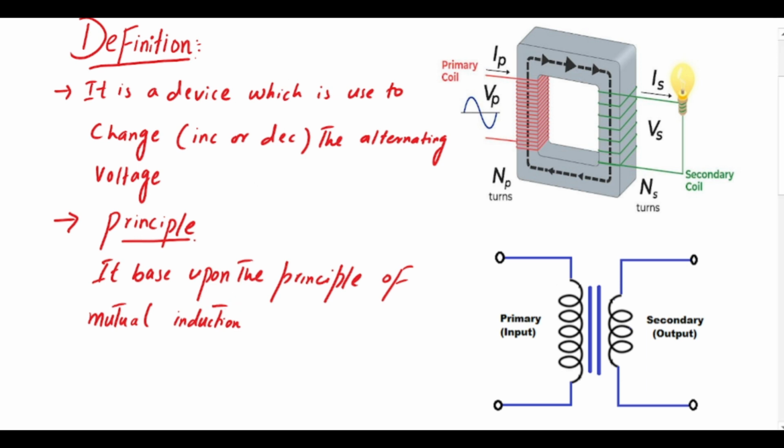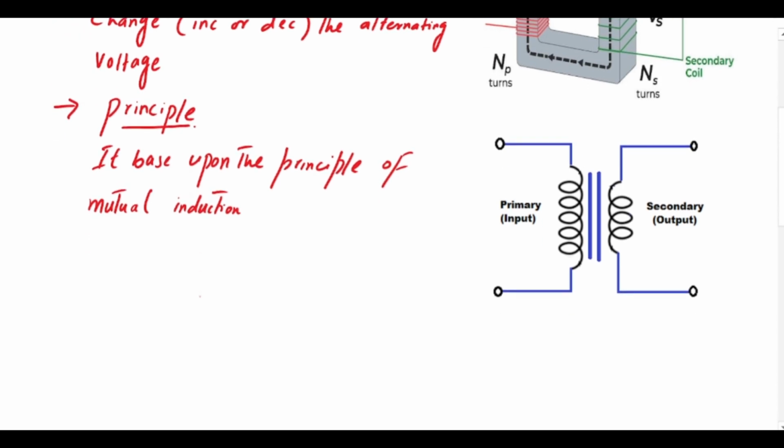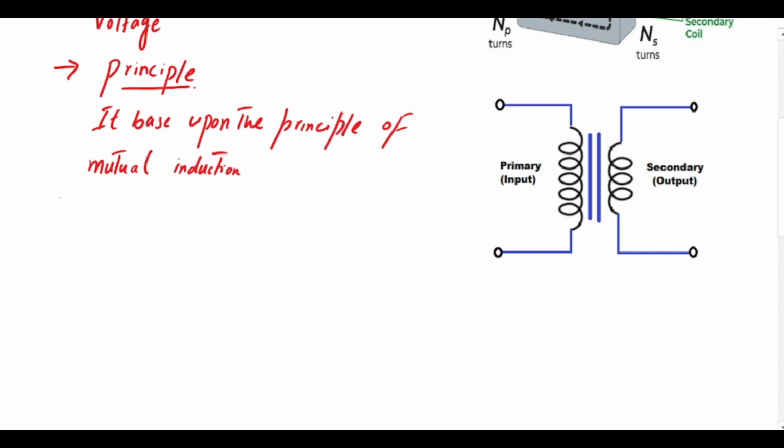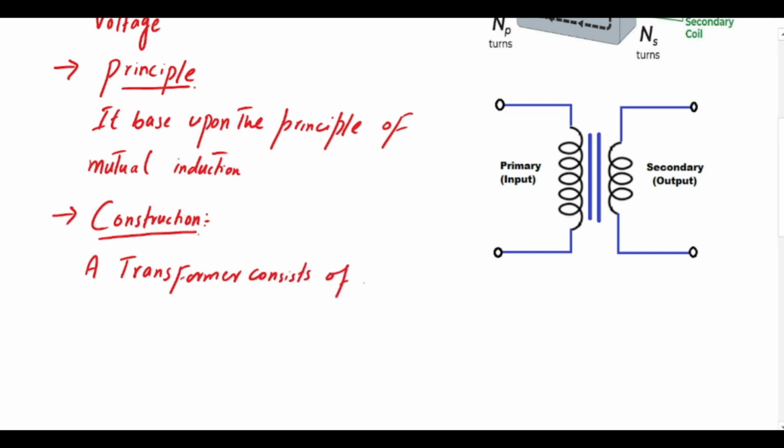Next is the main parts or construction of the transformer. So a transformer consists of three main parts.